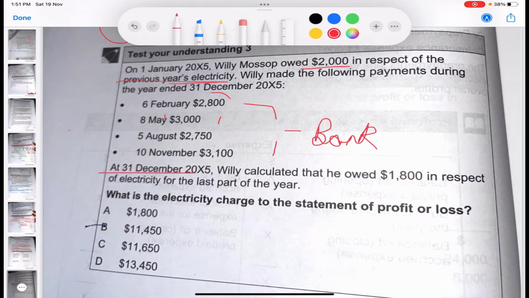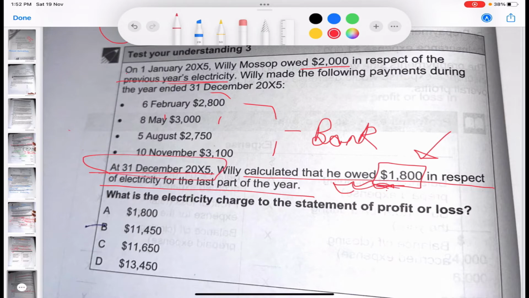At 31st December 2005, Willie calculated that he owed 1,800 in respect of electricity for the last part of the year. Okay. So this is again an accrual. He owed this much for this year, and in the previous year he owed this much. So this is my accrual and this is also my accrual.